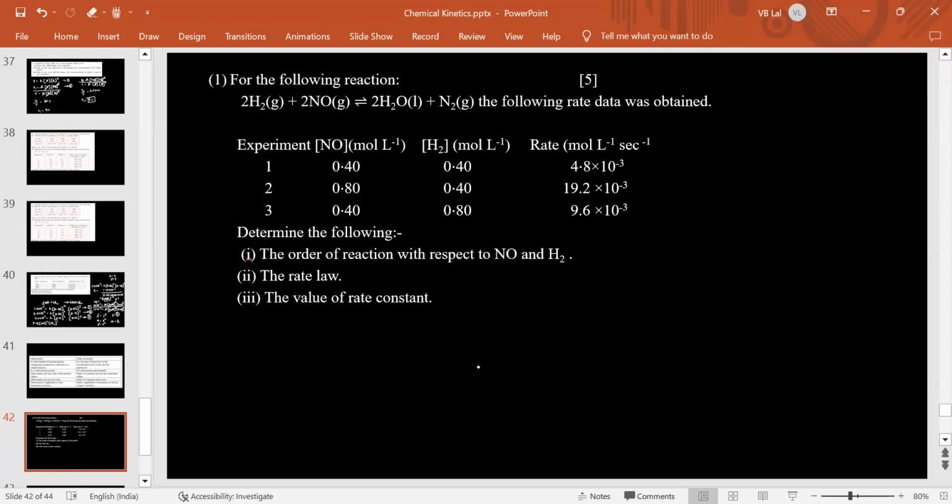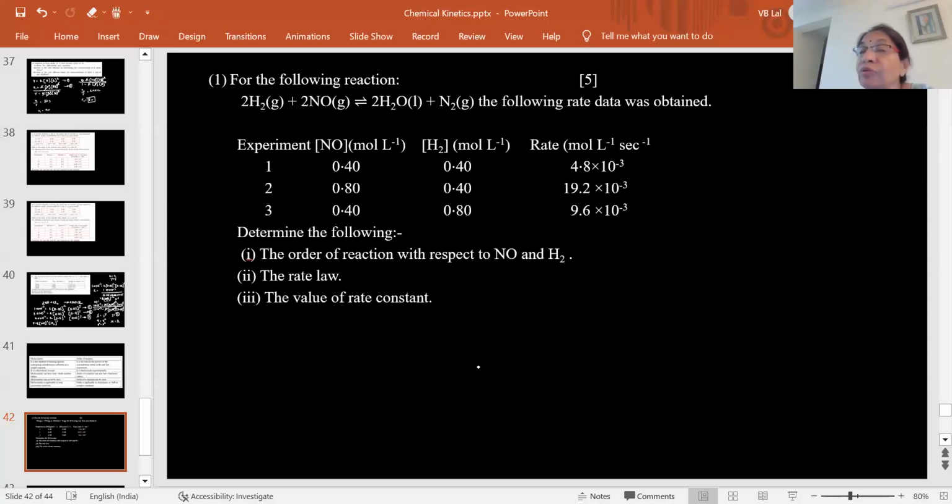So see, when I double the concentration of NO, without changing the concentration of hydrogen, what is happening to the rate of reaction? How many times is the rate of reaction increasing? Can you tell me? 4 times. So if I double it, it increases 4 times, right?